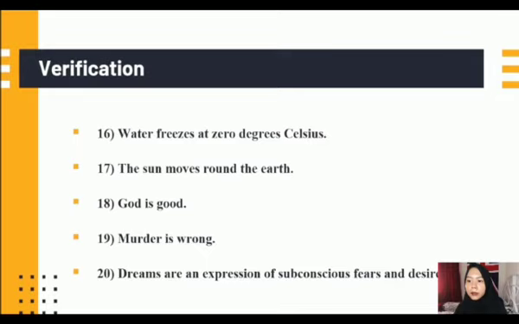So statements number 18, 19, and 20 cannot be treated by the verification method because there is no experiment that can prove them. These statements are derived from speculation, argument, and belief. Therefore, the theory of truth based on evidence must be in accordance with the facts. The facts that correspond to the statement must be able to be carried out in the form of observations.